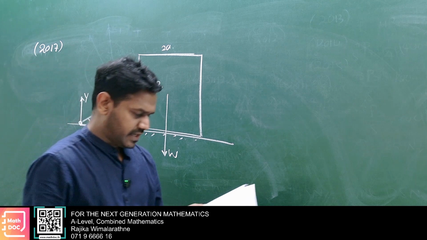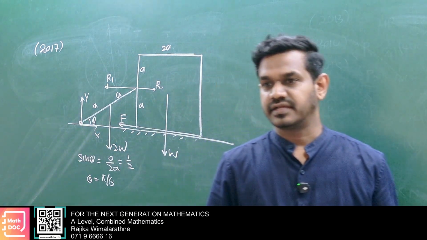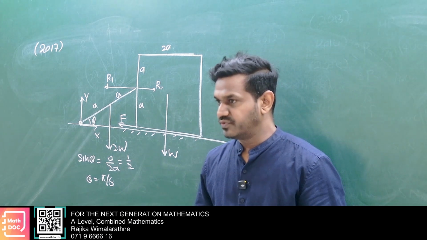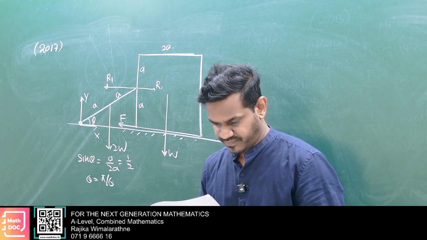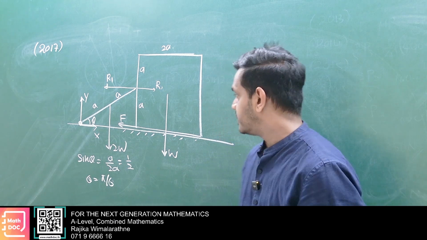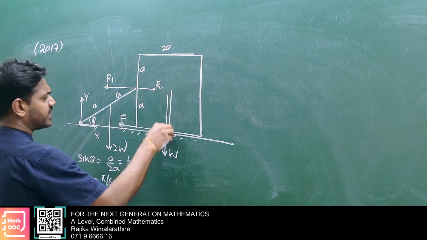Okay. Now here we have to get an inequality, so don't take F equals mu R. We have to consider the mu greater than or equal to F divided by R relation. Now you have to find F and R here. You take another R here.